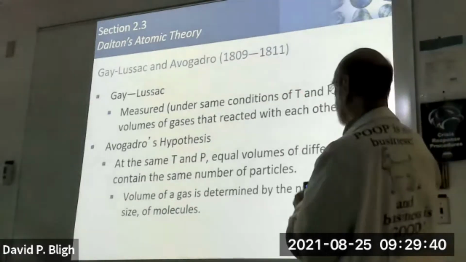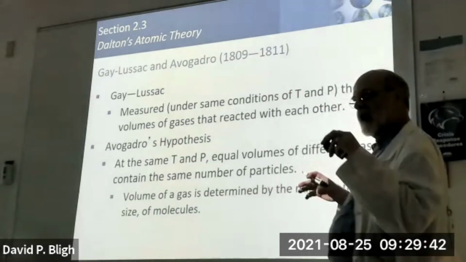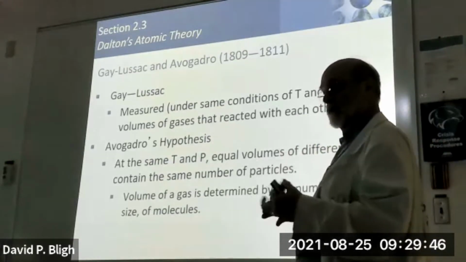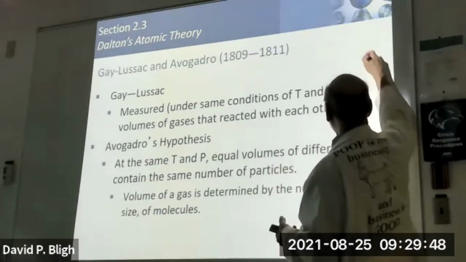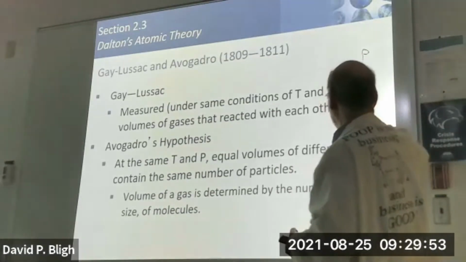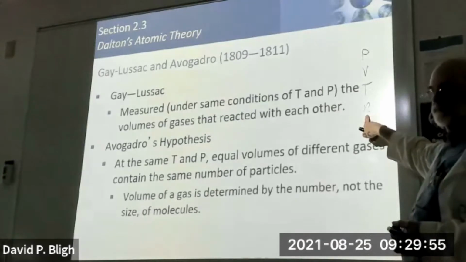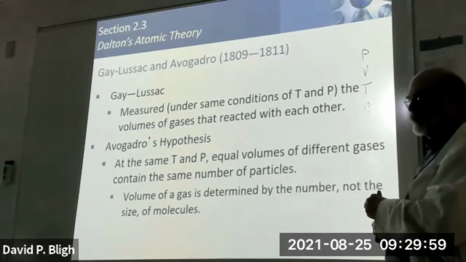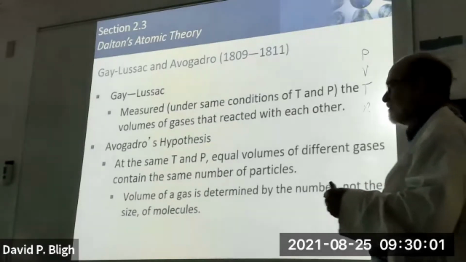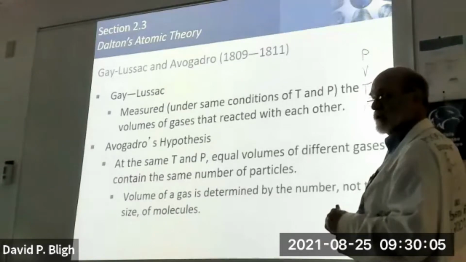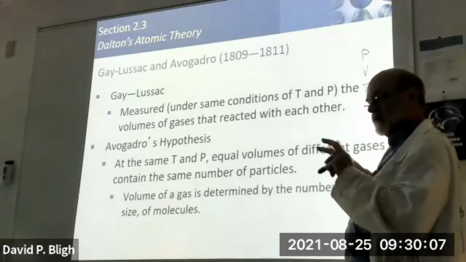They knew that 4 conditions describe the physical state of a gas: pressure, volume, temperature, and the number of particles. That's what my N stands for. Actually, it stands for moles, but we haven't defined moles yet. So if you know these 4 conditions, you can completely describe the state of a gas.